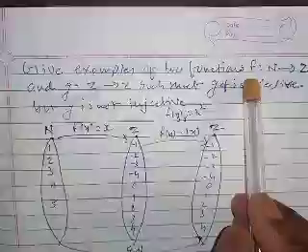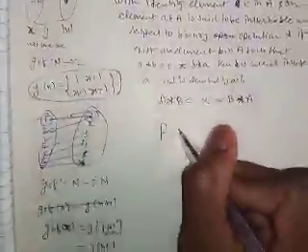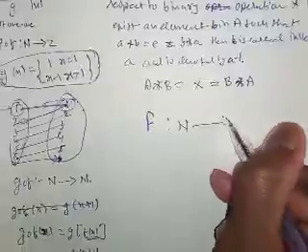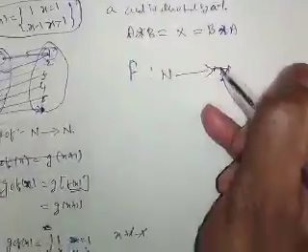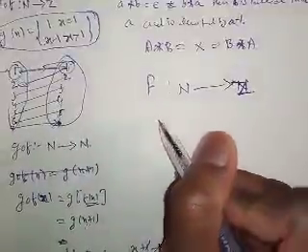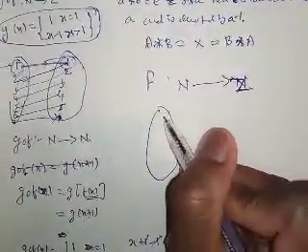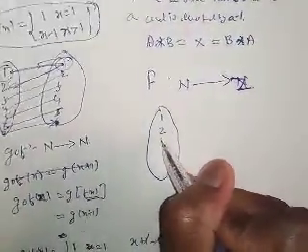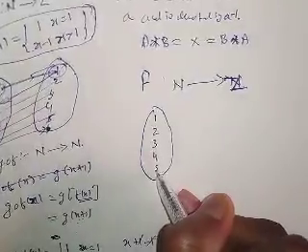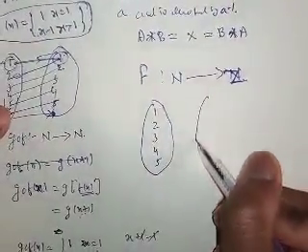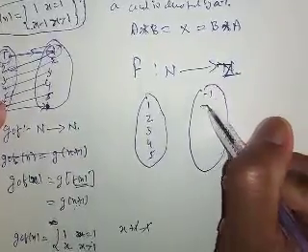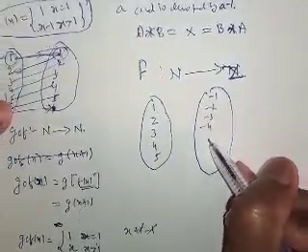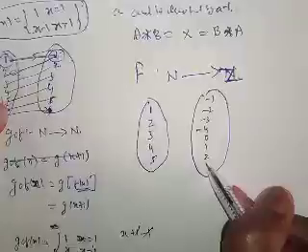So f is defined from N to Z. If we take N as 1, 2, 3, 4, 5, and Z we can take as numbers minus 1, minus 2, minus 3, minus 4, 0, 1, 2, 3.